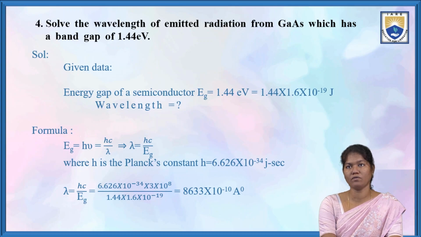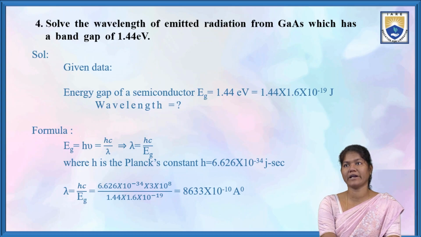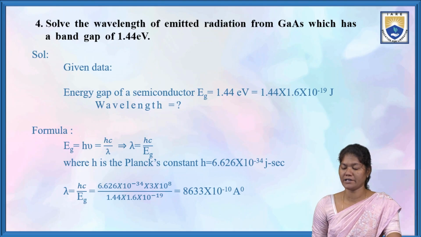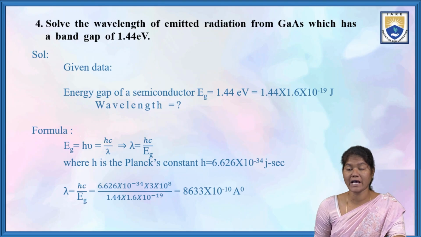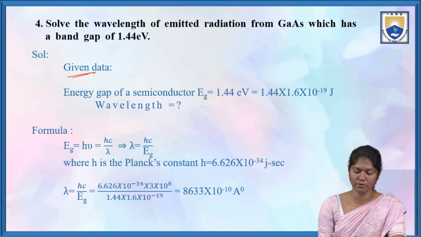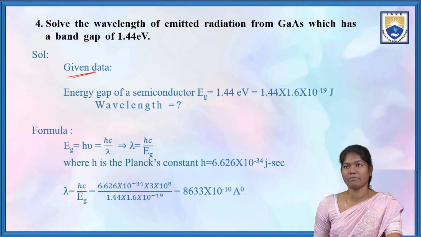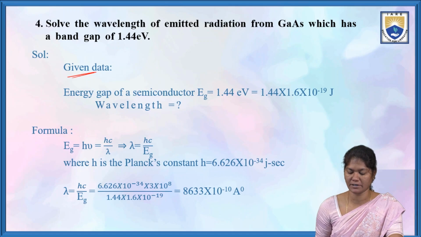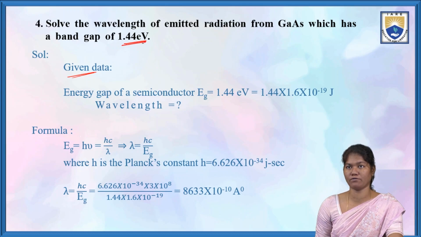Next one, find the wavelength of emitted radiation from gallium arsenide, which has a band gap of 1.44 electron volts. So the data given in the problem is the energy gap of the semiconductor gallium arsenide, Eg equal to 1.44 electron volts.